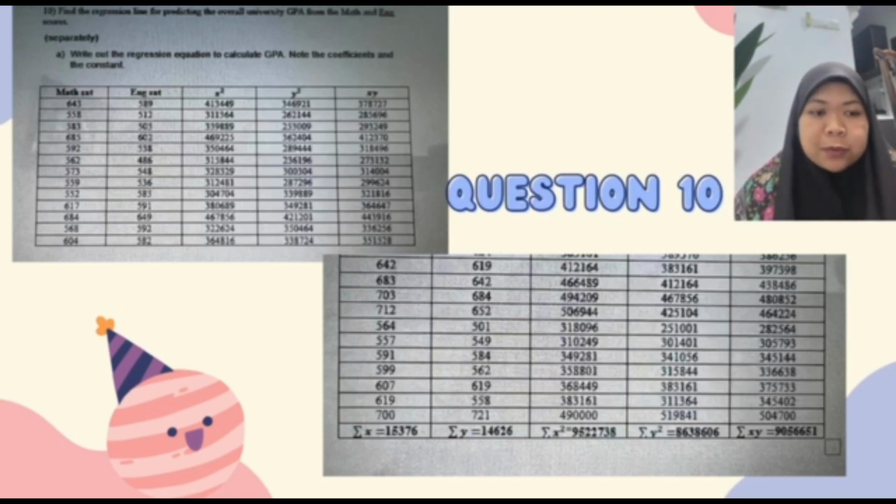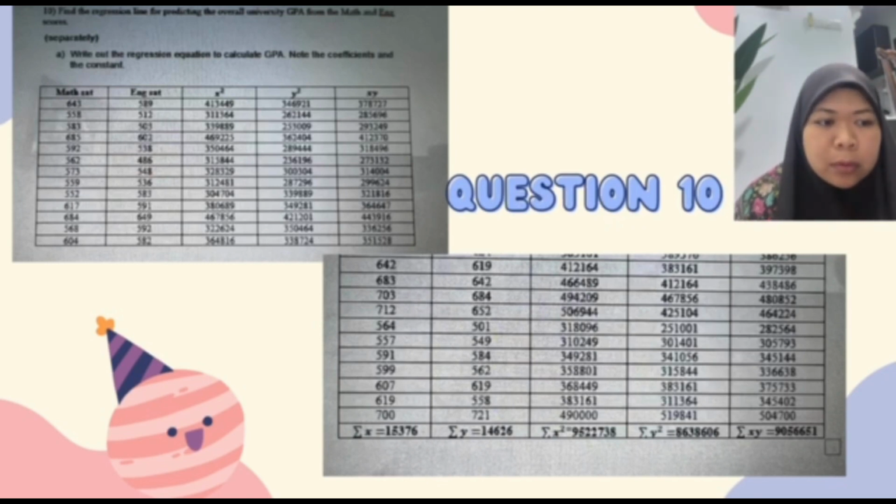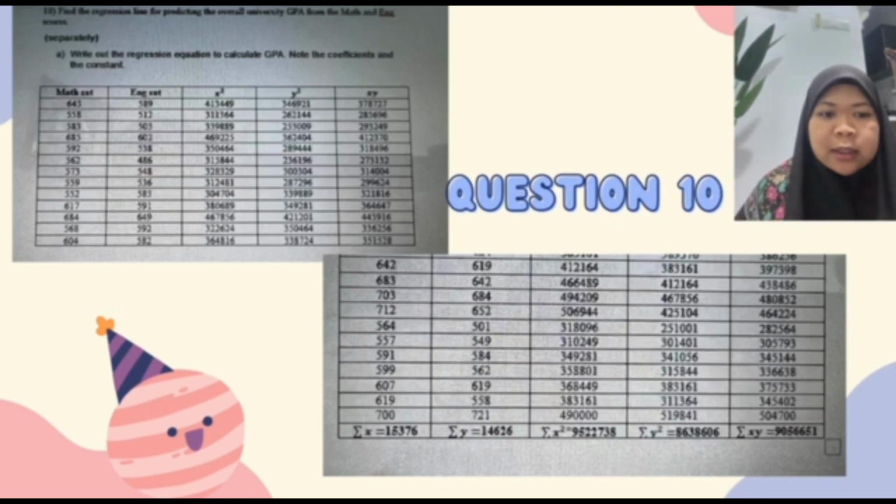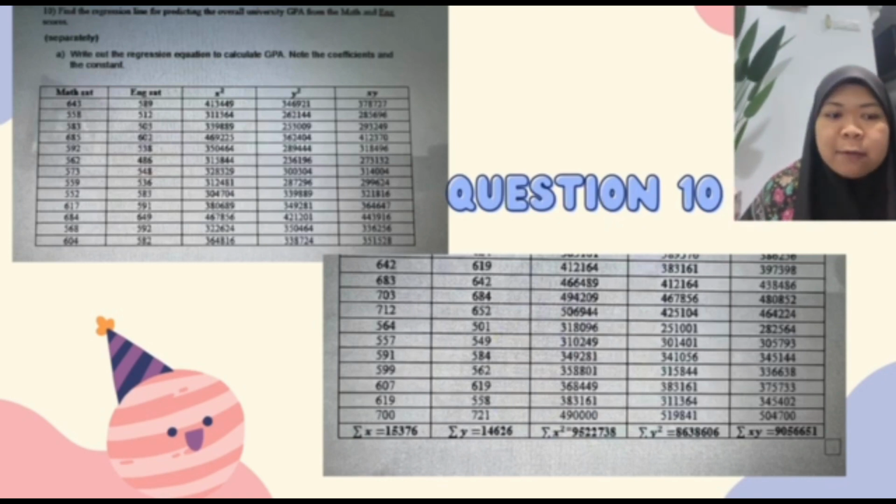As we can see, the total of x is 15,376, y is 14,626, and x squared is 952,738. The balance, as you can see in my slide, is for the totals of y squared and xy.